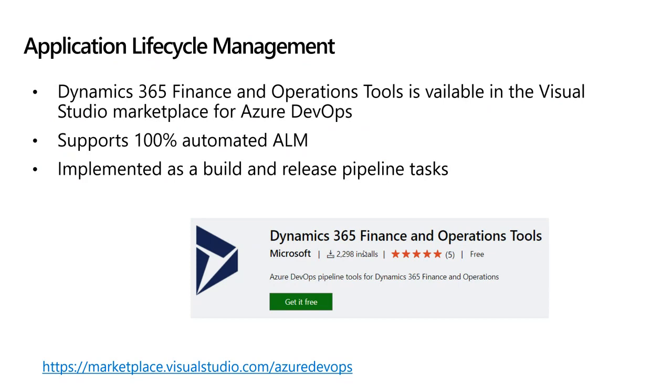During the build phase, the build VM will take the source code out of DevOps, build it, and create a deployable package, which can be put into the LCS shared asset library. During the deploy phase, the deployable package can be installed on a sandbox or UAT environment and tested. Once its testing is complete, it can be marked as a release candidate and installed on production.